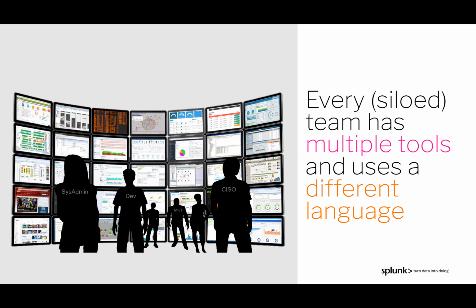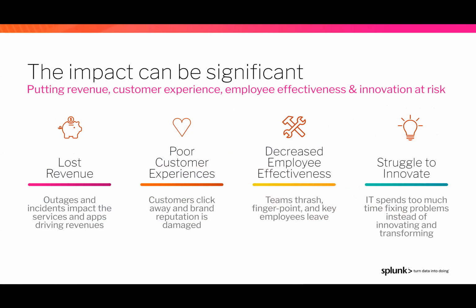So how to solve this problem? Let's go through this first. The impact definitely is on the organization: lost revenue, customer experience not the best, and the engineers will be spending more time trying to figure out where the problem is instead of innovating and adding new services, or even being stressed that they have to do both.